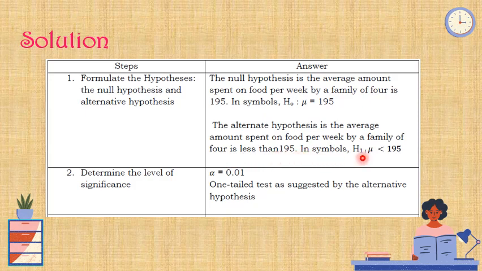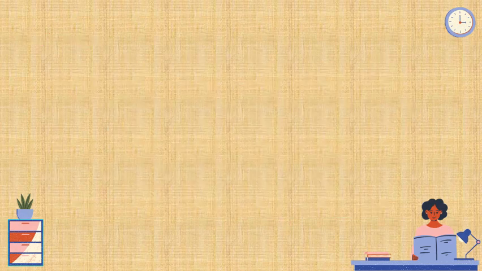So, in symbols, H sub 1, mu is less than 195. Take note, the symbol used here is less than. And then, step 2, determine the level of significance. Our alpha is 0.01. So, again, this is a one-tailed test as suggested by the alternative hypothesis. Since this is less than, this is a left-tailed test.